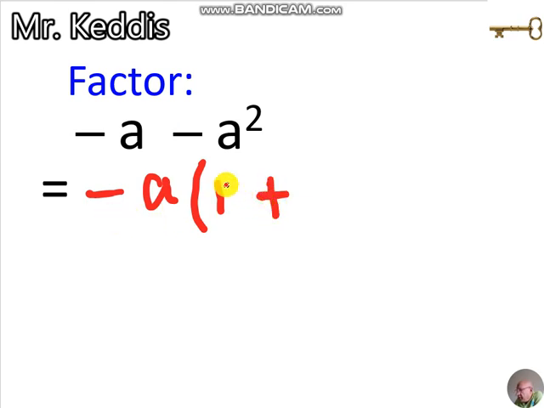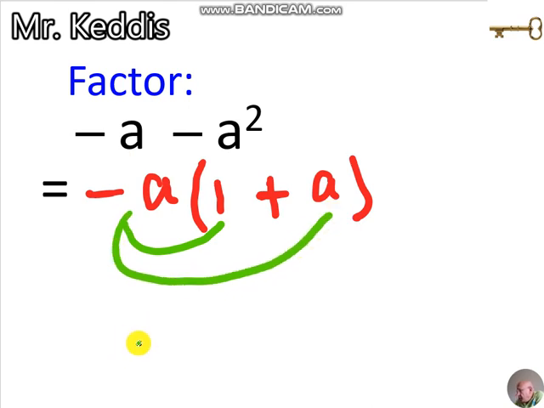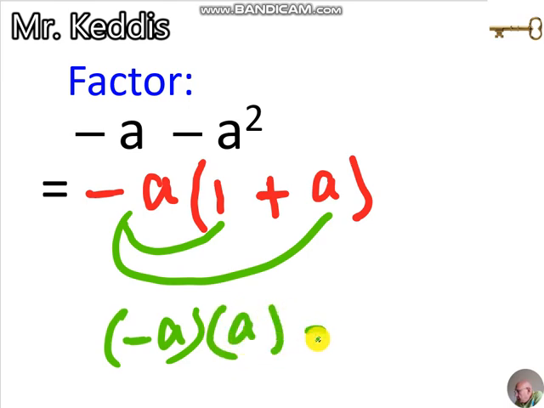Negative times positive, I get negative, and a times a. Means negative a times 1, I get negative a, and negative a times positive a, you get negative a squared.